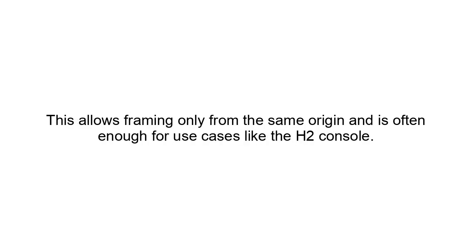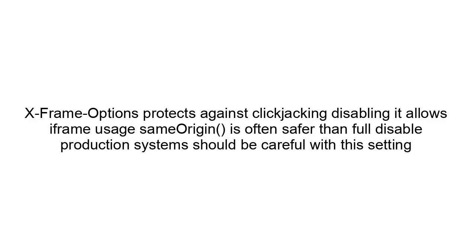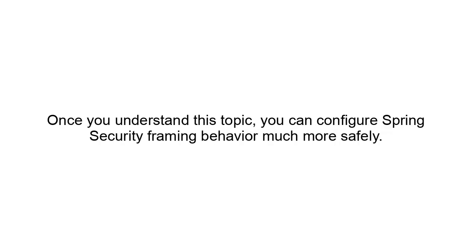This allows framing only from the same origin and is often enough for use cases like the H2 console. The key idea is X-Frame-Options protects against clickjacking. Disabling it allows iframe usage. sameOrigin is often safer than full disable. Production systems should be careful with this setting. Once you understand this topic, you can configure Spring Security framing behavior much more safely.